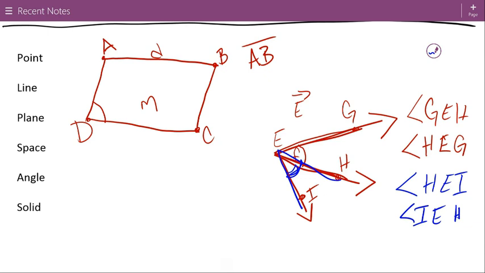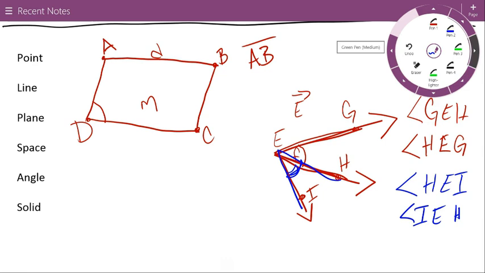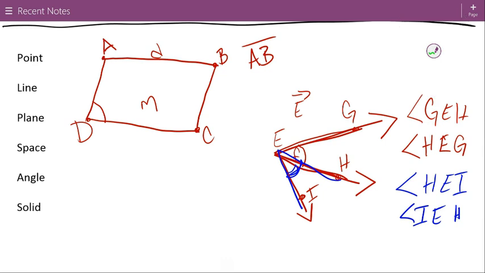Now, all of these things so far are one-dimensional or two-dimensional items. We can also have three-dimensional items that have length and breadth and width, and that would be a solid. So let me come over here.